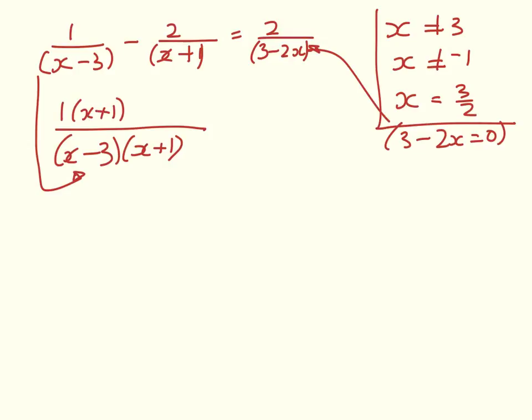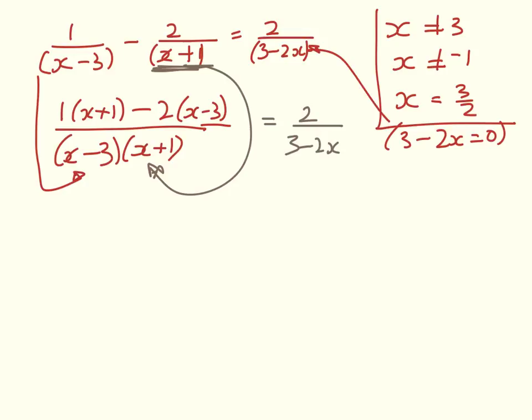I don't need to write that one. And then I'll have, similarly, 2 times x minus 3 over the denominator. So here I'm thinking I had x plus 1 in my denominator. Now I've got x plus 1 multiplied by x minus 3. I need to do the same thing to the numerator. And we'll leave the right hand side as it is.